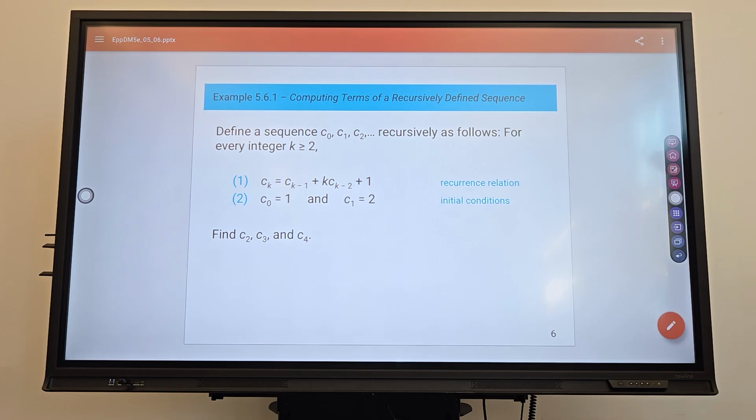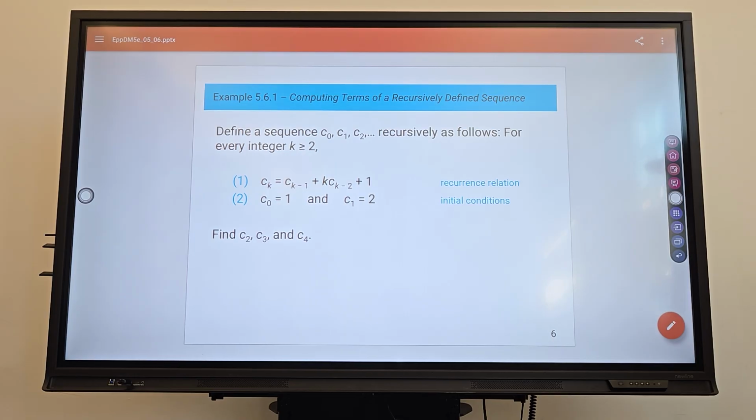So for example, define a sequence C sub 0, C sub 1, etc. recursively as follows. For every integer k greater than or equal to 2, C sub k equals C sub k minus 1 plus k times C sub k minus 2 plus 1.